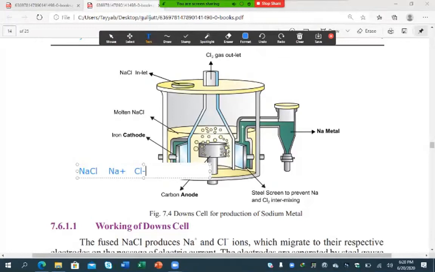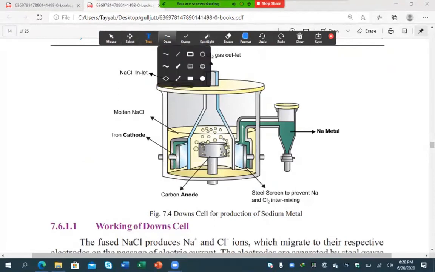Dear students, I again explain this in simple language, which clears your concept about manufacturing of sodium metal. Here you all see the diagram. In the diagram, there are two main parts: first is the anode and second is the cathode.